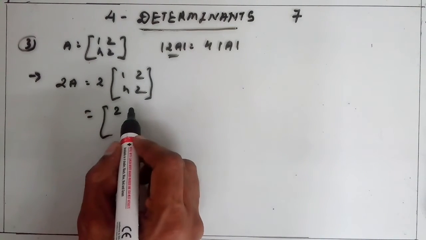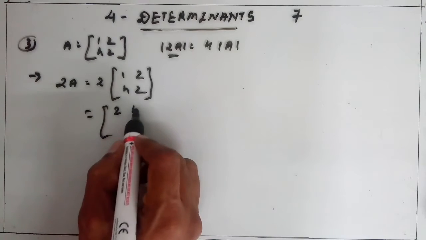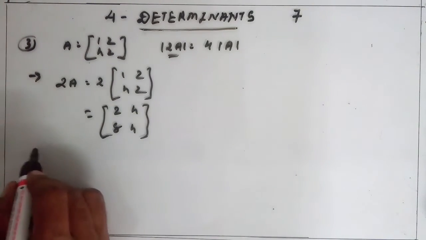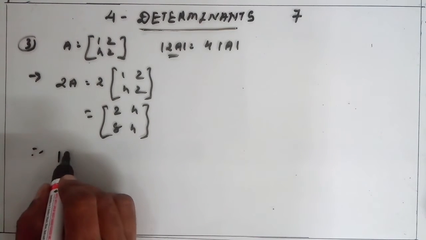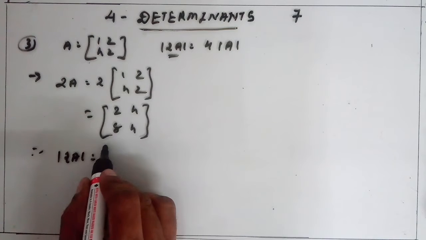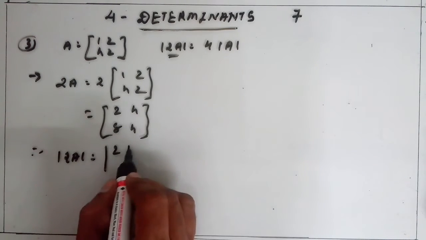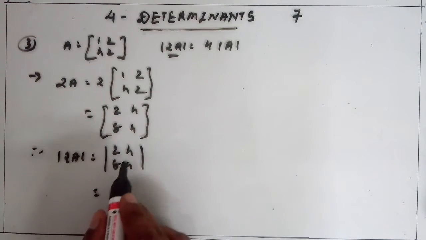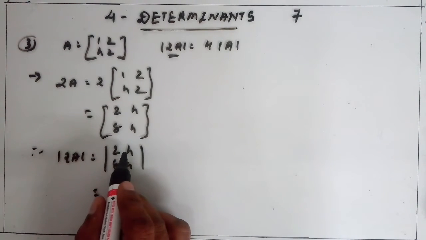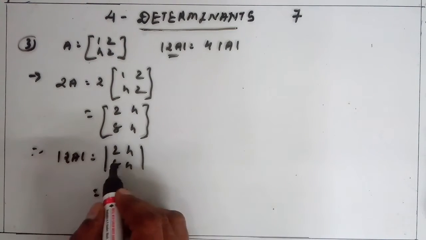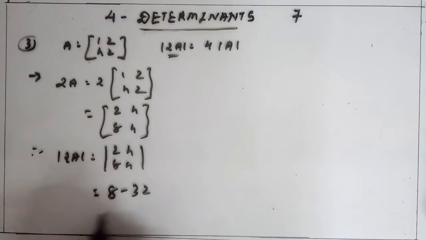So 2, 4, 8 and 4. Now get the determinant of this matrix 2A, which is the determinant 2, 4, 8, 4. Now expand this determinant: 2 into 4 is 8, minus 8 into 4 is 32. So it becomes minus 24.